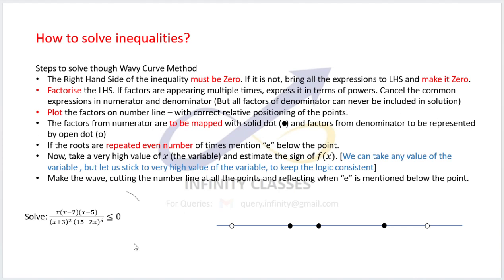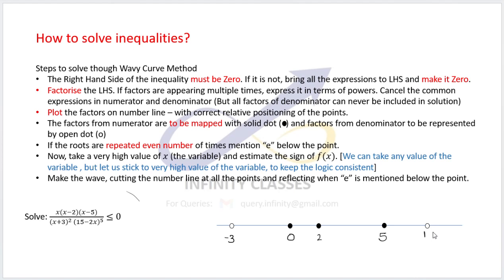Plot those factors on the number line. In this case, I'm going to plot all the factors on the number line. Say I'll take 0, then this is 2, this is 5, then this is minus 3, and this is 15 by 2.